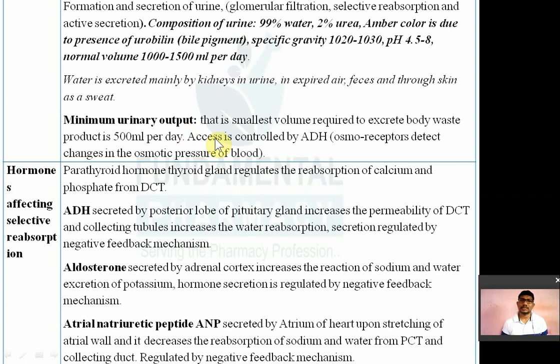Now excess of urine is controlled by one hormone known as antidiuretic hormone. So excess urine formation is controlled by antidiuretic hormone.